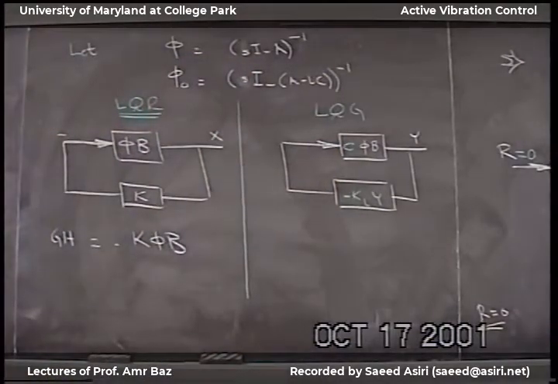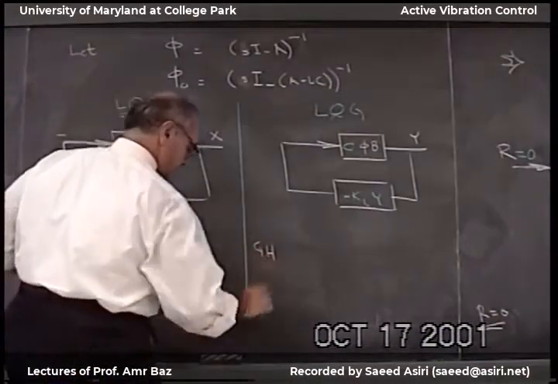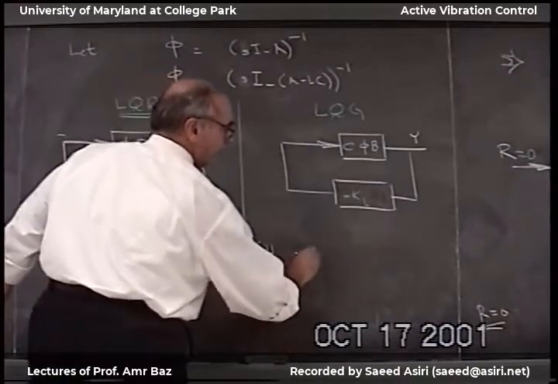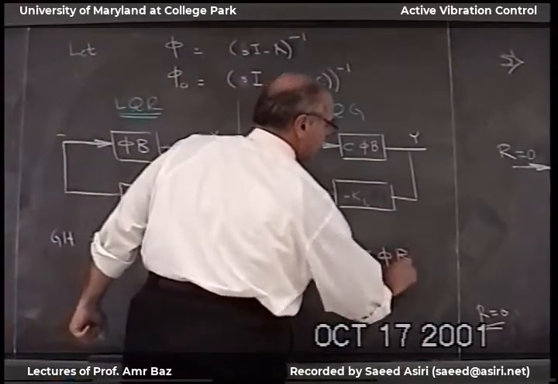And the GH for this case will equal minus K_L C phi B.